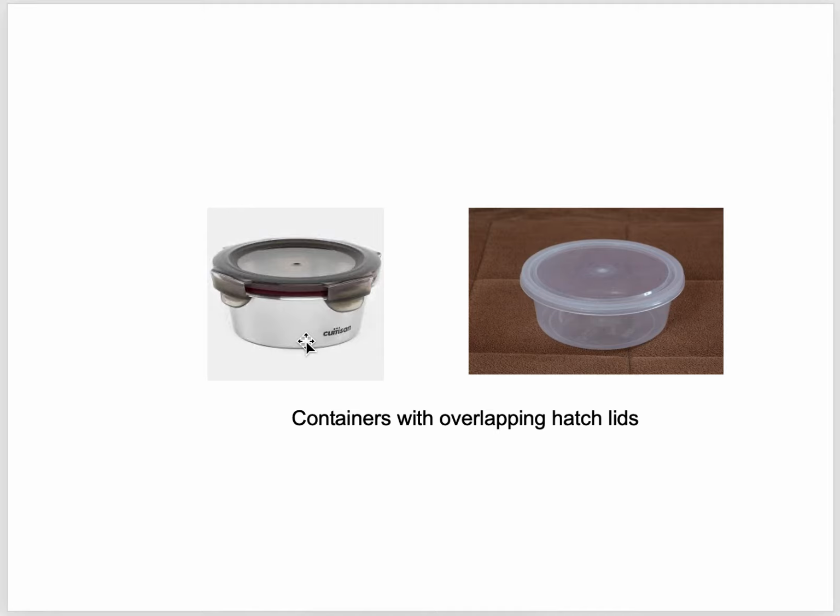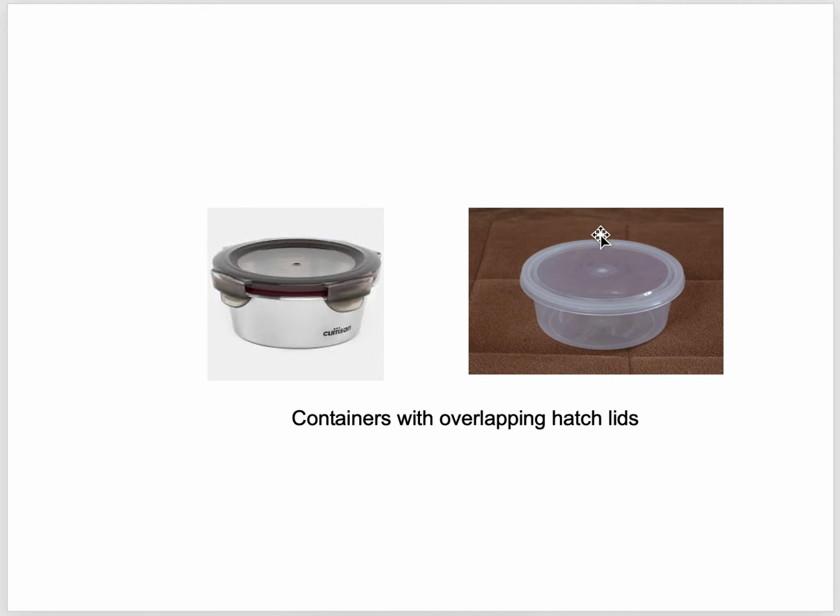So what's the benefit? Suppose this is a big container and you put something inside it and then kept this container outside. Even if it rains, it will be difficult for the rainwater to enter this container. Why?